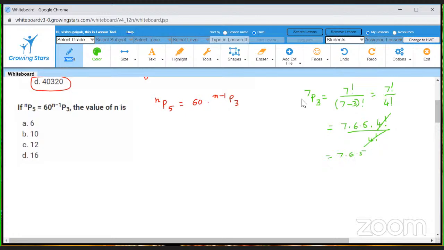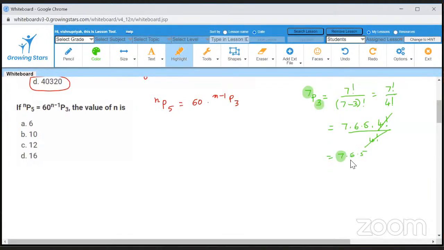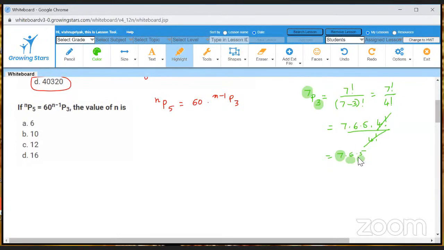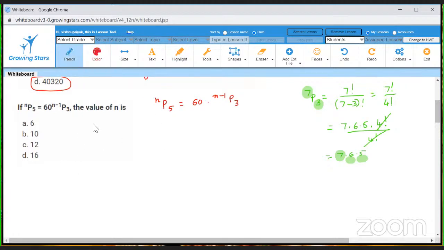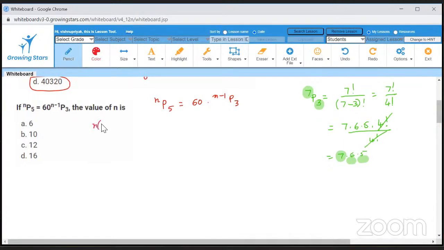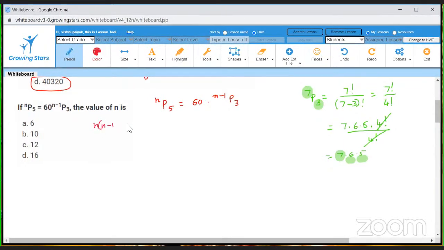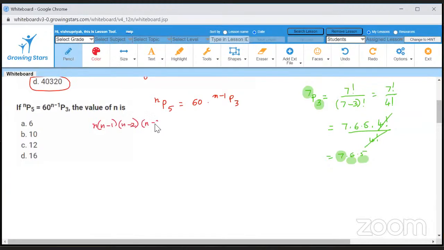So instead of using this formula, you can make yourself one shortcut formula. Because 7 is there, start with 7. Because 3 is there, take only 3 numbers, 7, 6, 5. Like that, you can make a shortcut way. So here, nP5, start with n, n minus 1, n minus 2, n minus 3, n minus 4.